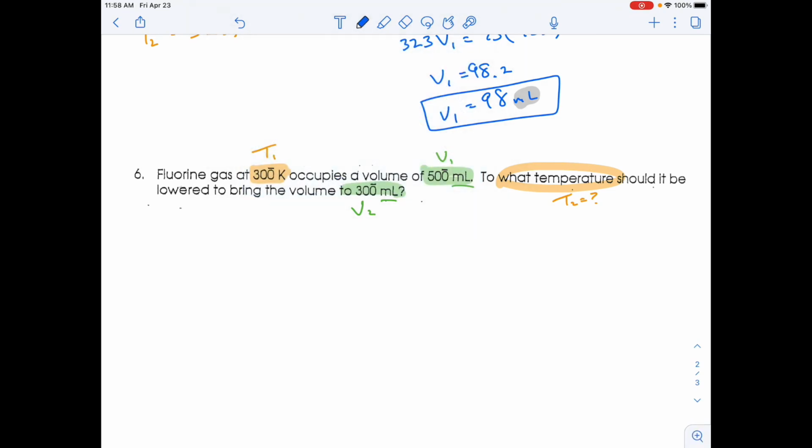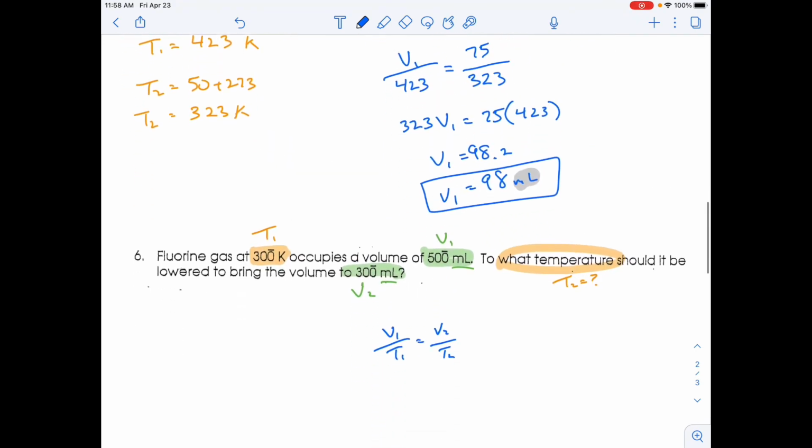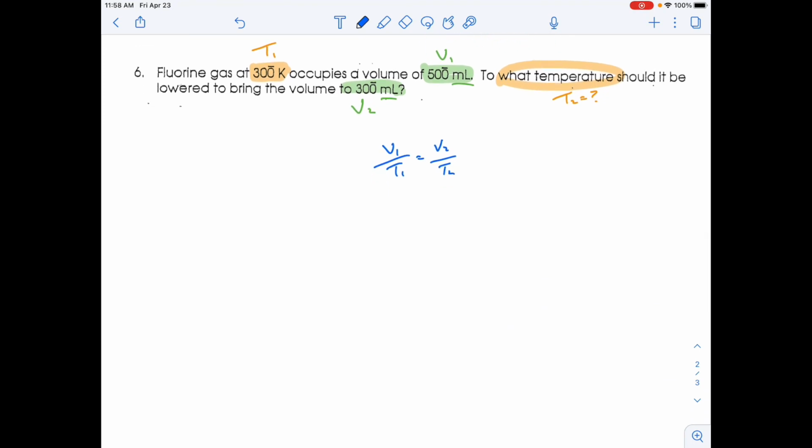And so now we can go, V1 over T1 equals V2 over T2. And if I want to write it all out, I just use what I know. So I know volume is 500. Again, ignore the little bars over the numbers. That's an old school way of illustrating something, which we don't need to do. So 500 over 300 equals V2, which I know is 300, over T2, which is what I'm looking for.